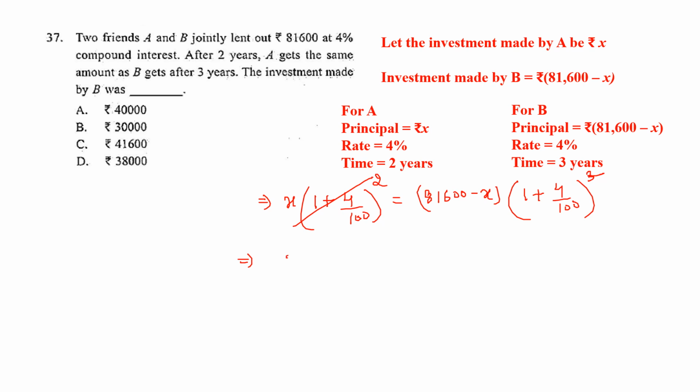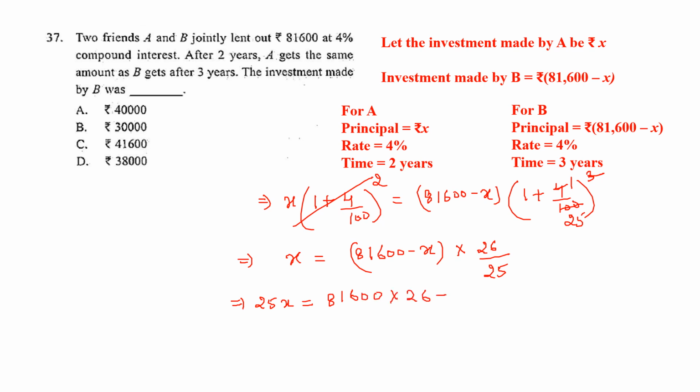So from here you can write X is equal to 81,600 minus X, times 1 plus 4 by 100, which is 4 times 25, and if you take LCM, it will become 26 by 25, right? Now you have to do the cross multiplication. It will become 25x is equal to 81,600 into 26 minus 26x.